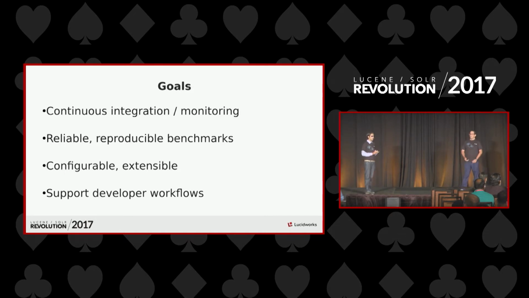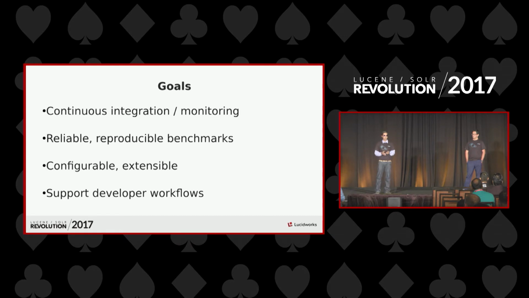So the goal of this project was to set up some measure of performance monitoring as development happened, commit after commit, release after release. There was some cool stuff already there for Lucene, but something that was standard to be run on Solr commits and Solr releases was something that we wanted to build upon.